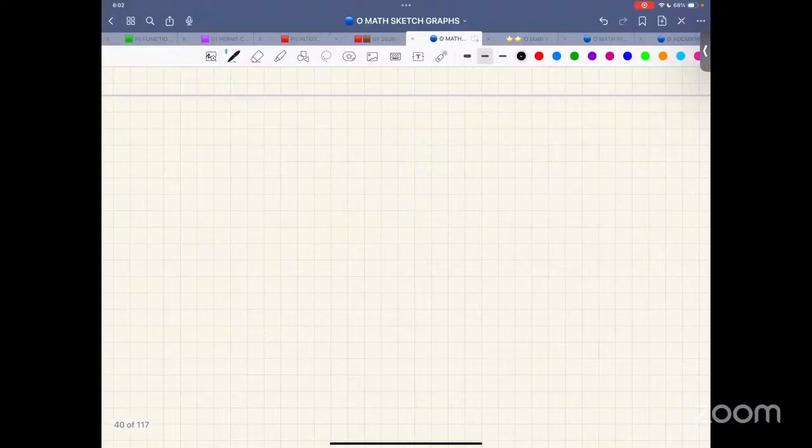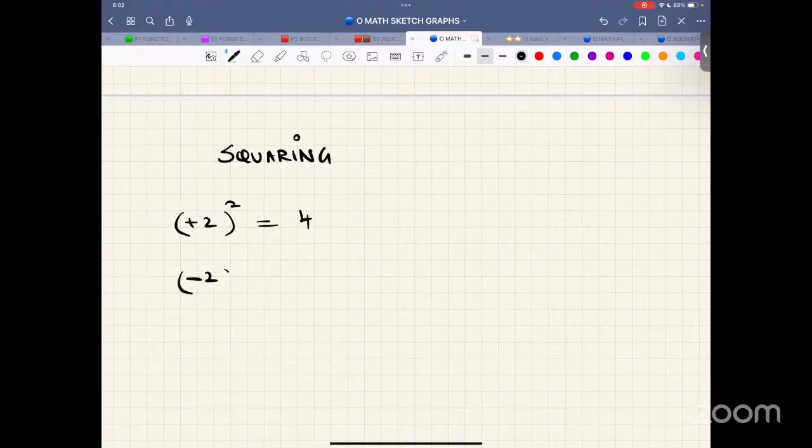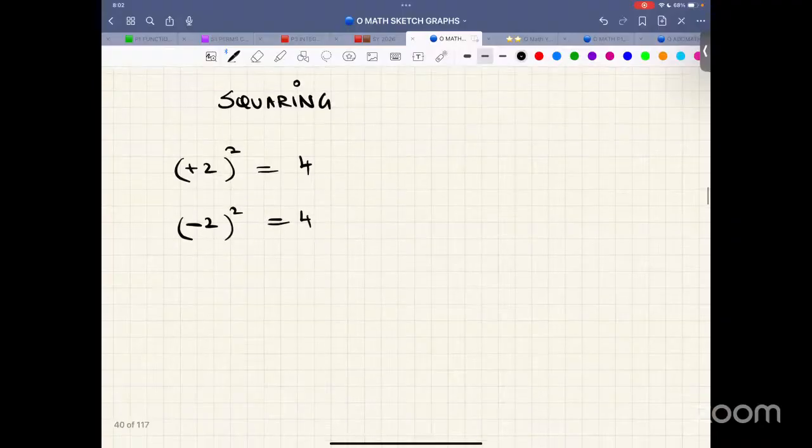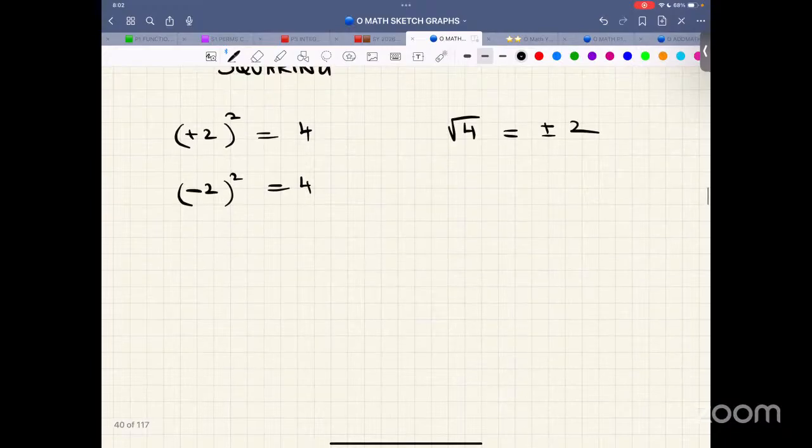That was when we talk about squaring, positive 2 whole square, that is 4. Negative 2 whole square, that is also 4. That's why square root of 4 could be positive or negative 2. Got the idea? And when we look at it from the perspective of sketch, we know that the graph goes like this.